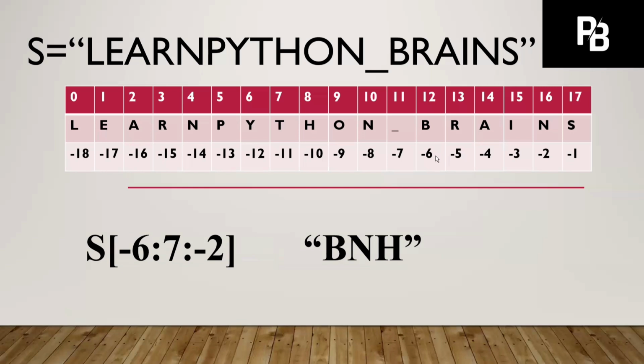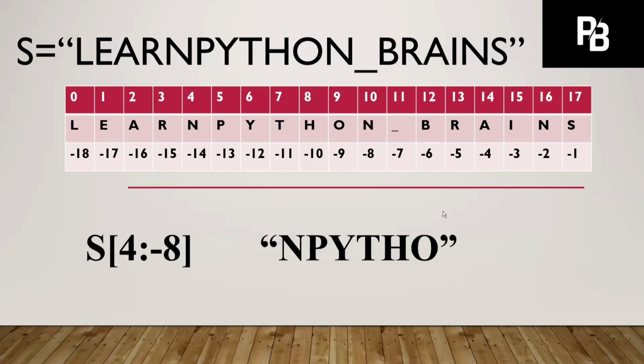So start from -6. -6 is B, gap of 2, then 8, and gap of 2, then H. After H, we know that the 7 is not included because the last value is never included. So the program stopped here and the output is B and H. So this is the simple way we can solve the slicing problems.